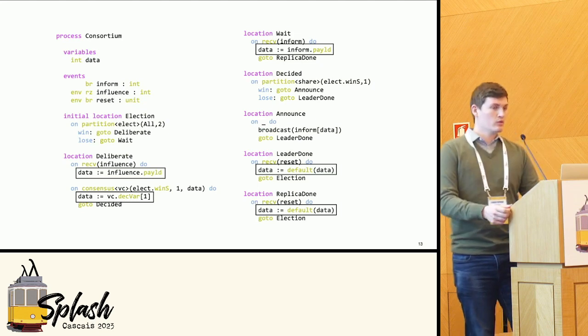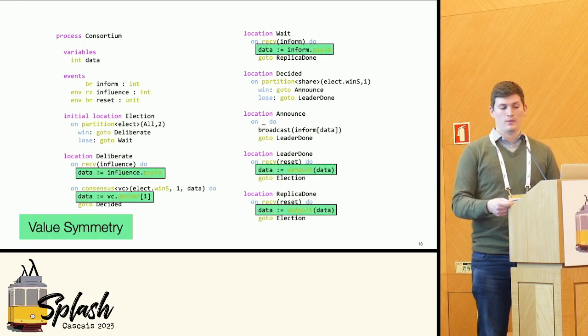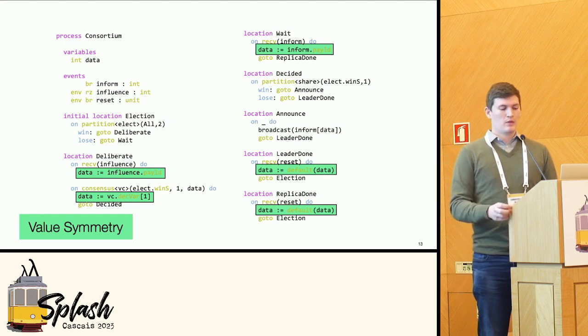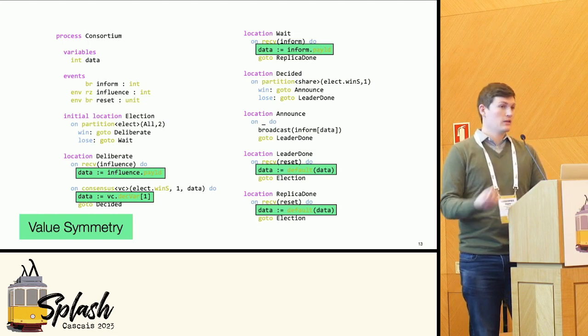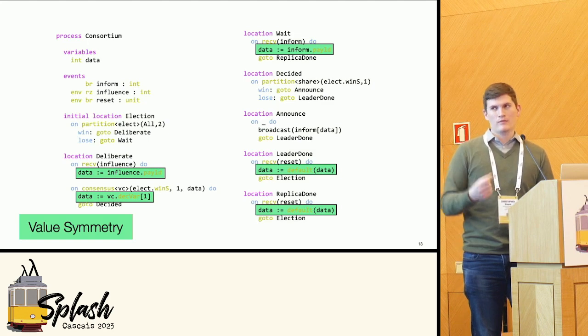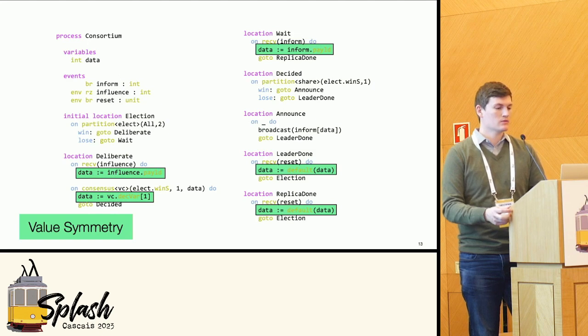But more importantly, this system is exhibiting a property called value symmetry. This is a classical property, sometimes called data independence or scalar sets, but the basic concept is that values are distinct, but no value is treated as special. In short, the behavior of the system is invariant to permutation of the values that it's passing around.